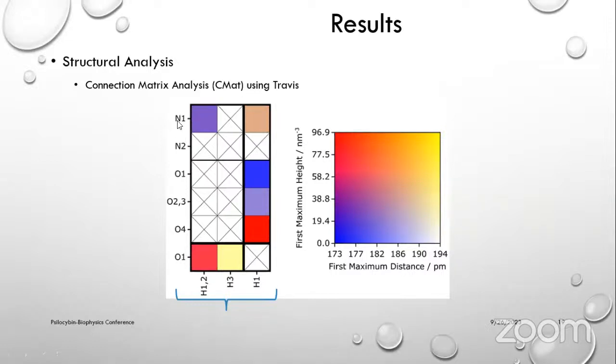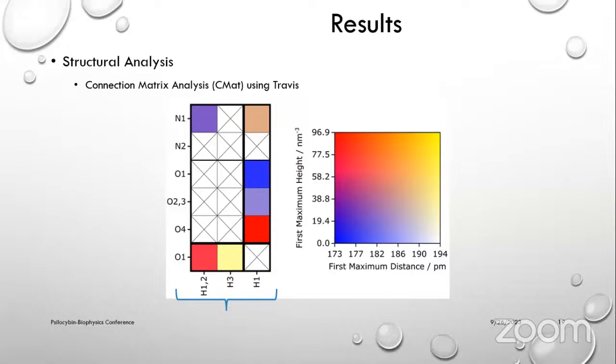The columns are N1, N2, oxygen 1, oxygen 2, 3, and oxygen 4. This labeling is specific to psilocybin in different solvents.